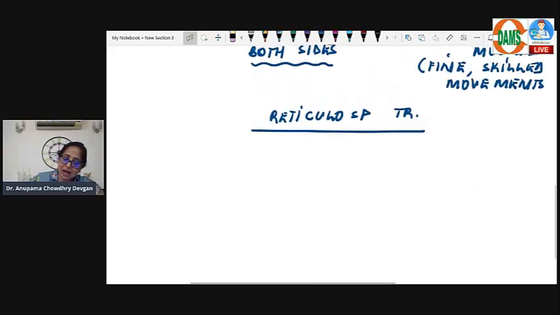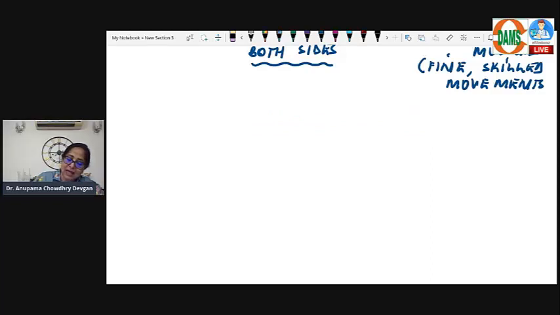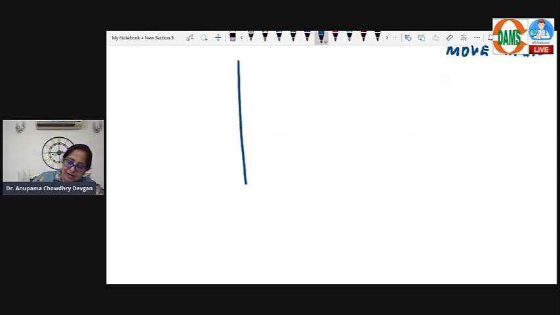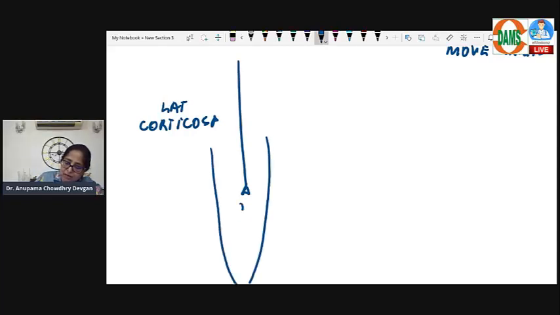We have already done the motor pathway. See, when I say corticospinal tract, this is the lateral corticospinal tract. It goes into the spinal cord. In the anterior horn of the spinal cord is the A-alpha motor neuron, which is also known as the lower motor neuron. Lateral corticospinal tract is known as the upper motor neuron.